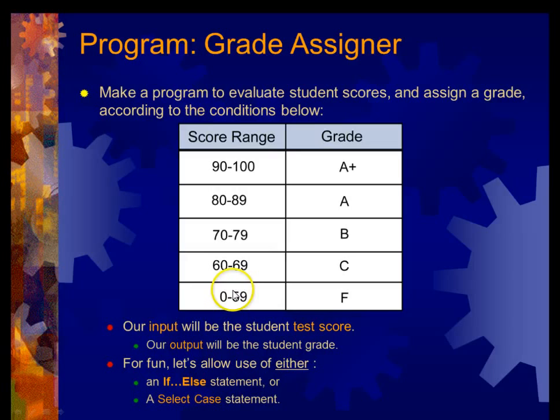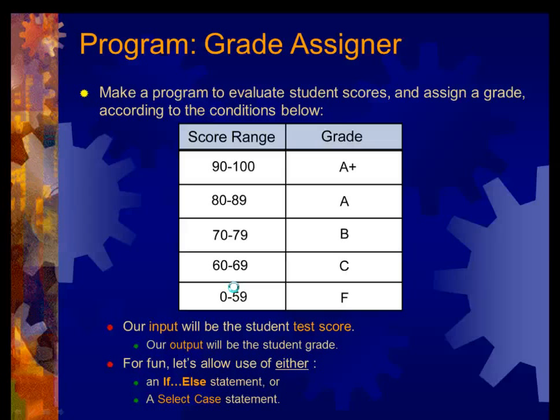Okay, so here we want to write a program which will do this. So what kind of structure do we want here? We could use many if-then statements, right? So we could have score, and we could say what?